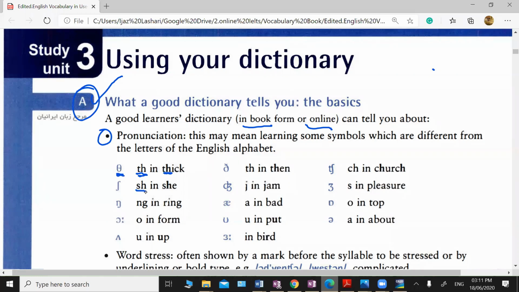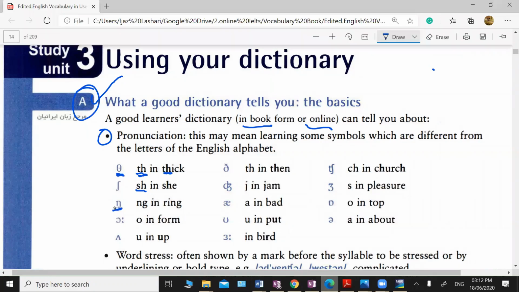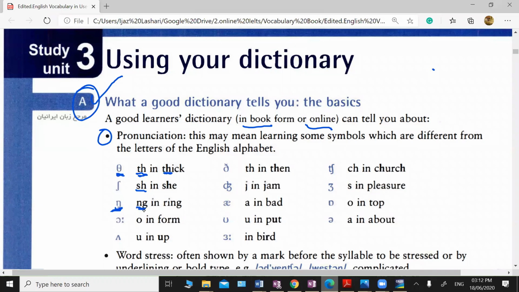For example, I say ring, bring, sting. So this sound goes with this ng, ing, ring, sing, ping. Sound like that.